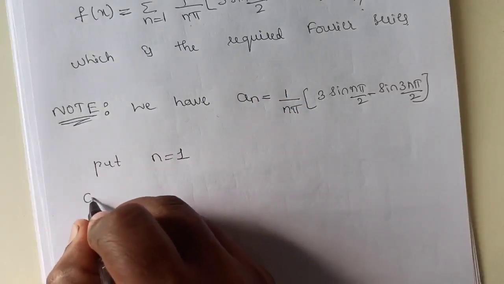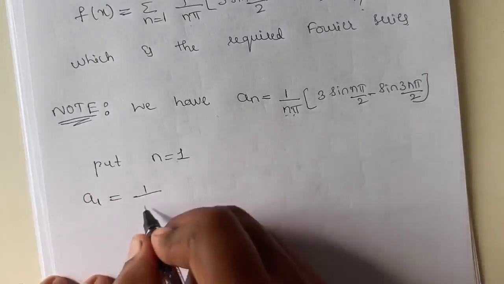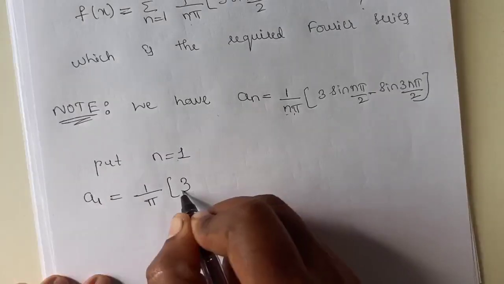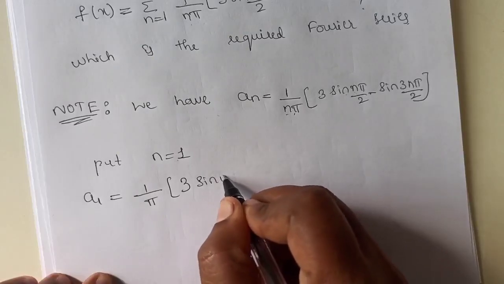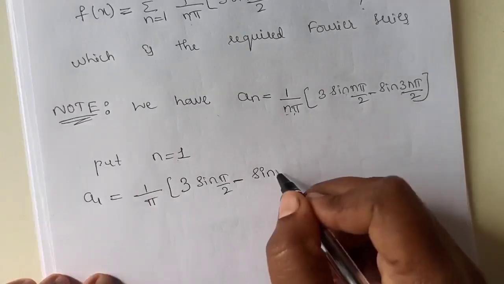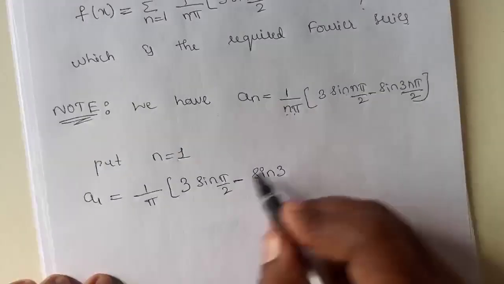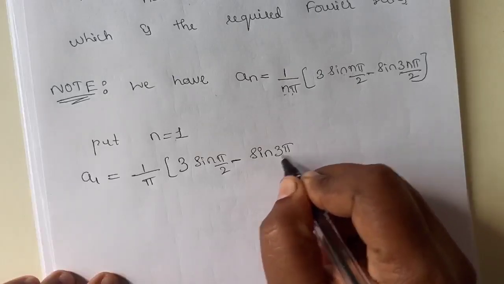In this case we get a1 value is equal to 1 divided by n into pi, 1 into pi, we get pi. So 3 sine pi by 2 minus sine of 3 pi by 2.